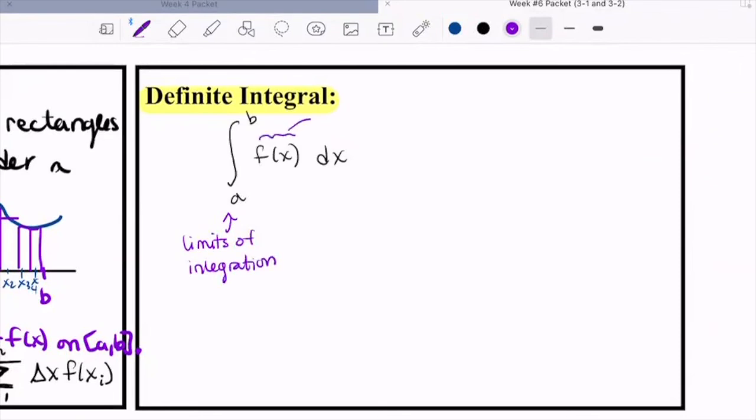This f of x here is the function we are integrating over, which means the function we're finding the area under. And then this dx tells us the variable that we are integrating with respect to.